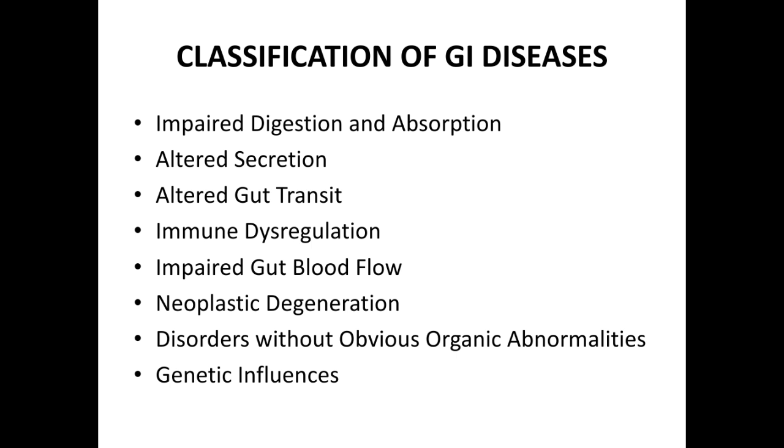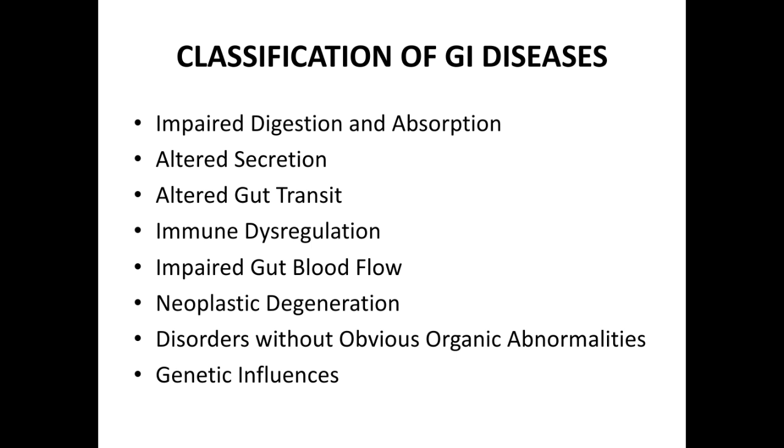Second one is altered secretion. In that, there are gastric acid hypersecretion syndromes like Zollinger-Ellison syndrome, or individual cell hyperplasia like G cell hyperplasia, and some ulcers which produce excessive acid, and atrophic gastritis also comes under altered secretion.